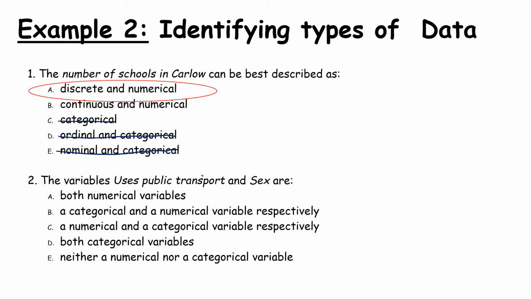So uses public transport would be yes or no. Maybe it will be sometimes, never, something like that, but it is categorical. So uses public transport, categorical. With sex, it's male, female, etc. So therefore, again, it will be categorical. So these are both categorical variables.